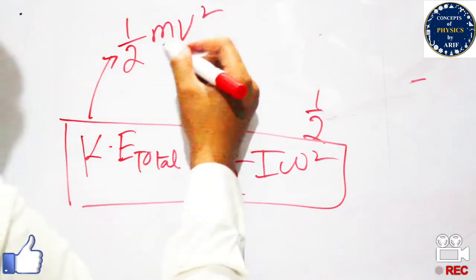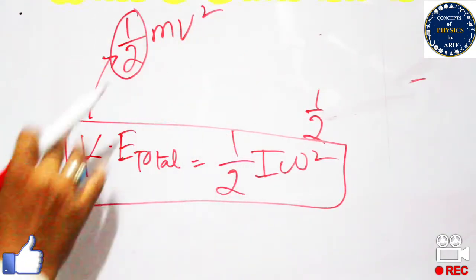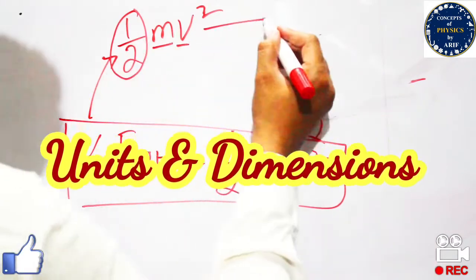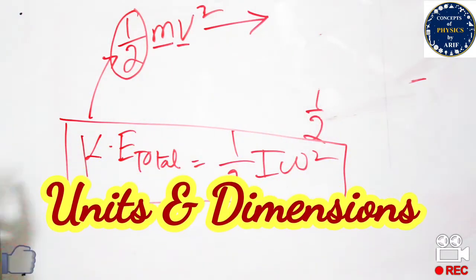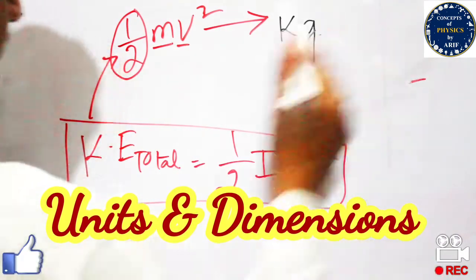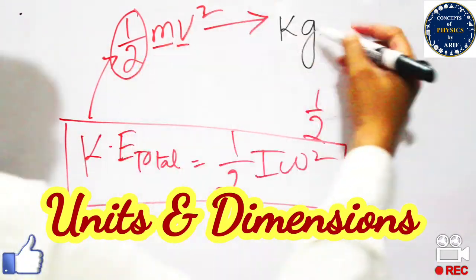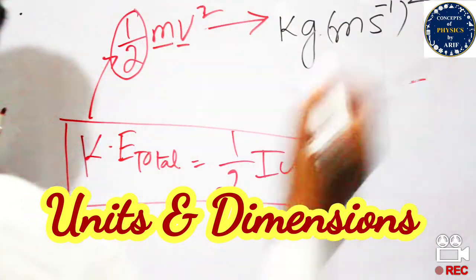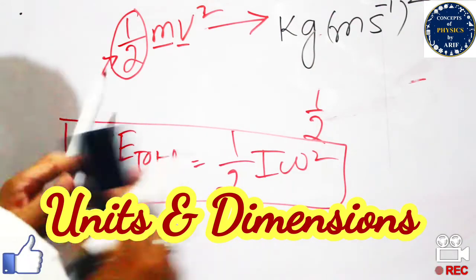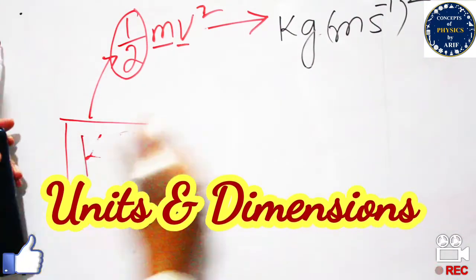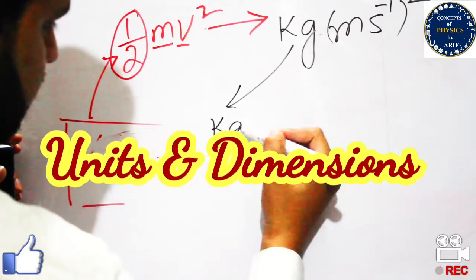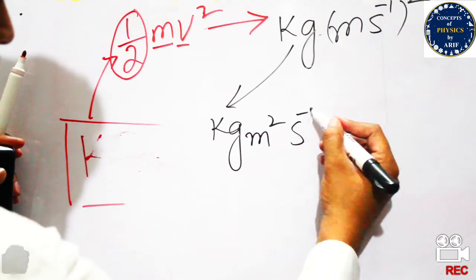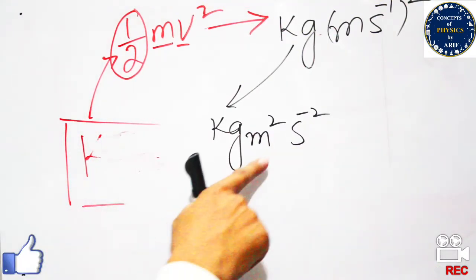The 1/2 is a constant term, it has no units, so only mass and velocity are considered. The unit of mass is kilogram, the unit of velocity is meter per second, but here is a square, so we square the whole term. So the final term will be kilogram meter square per second square. This is the final term for the kinetic energy.